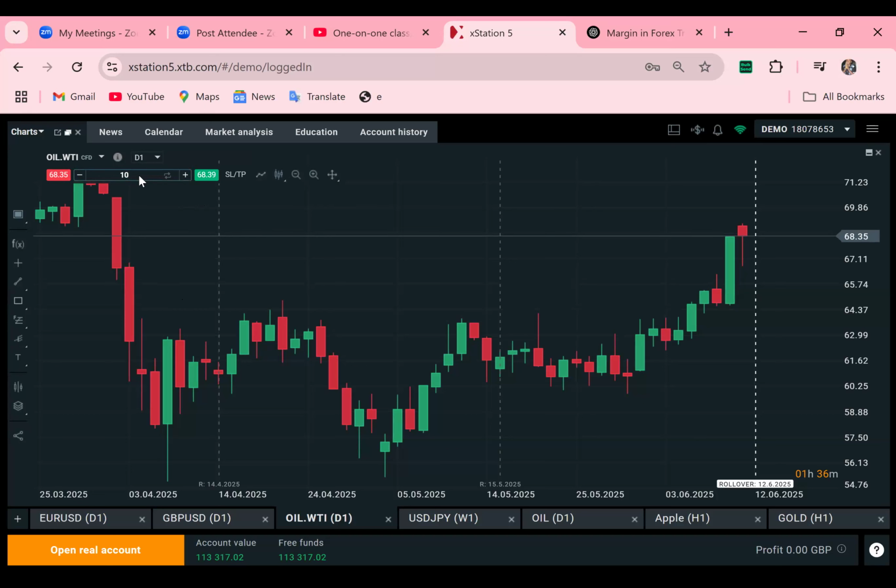Now I'm using 10 lot. Fini, this 10 lot could also be called volume. It determines how you make your profit. This is a unit I'm using to trade. And in the oil, it will be giving me $100 profit. And that's what is called lot size. Trading is done on lot size, Fini, and they pay me.